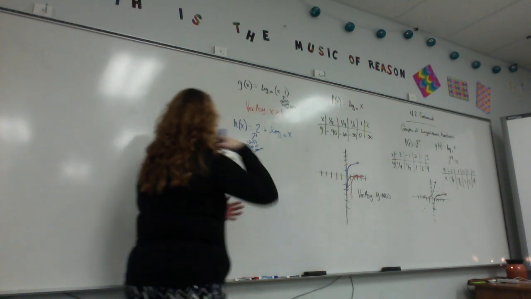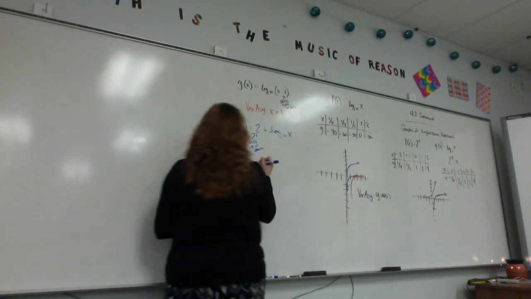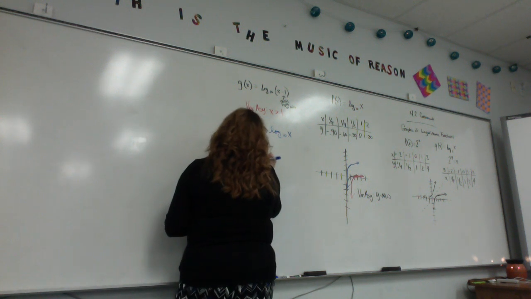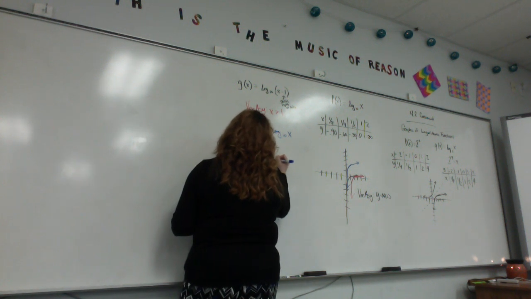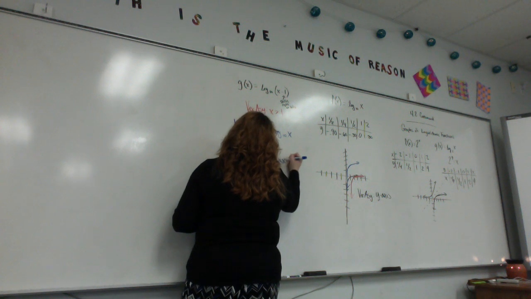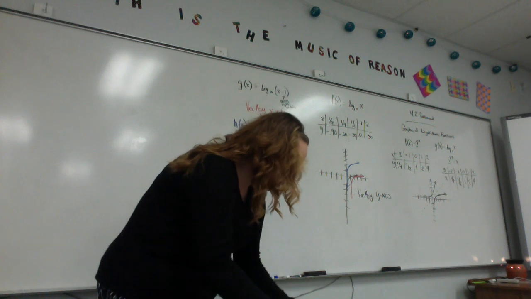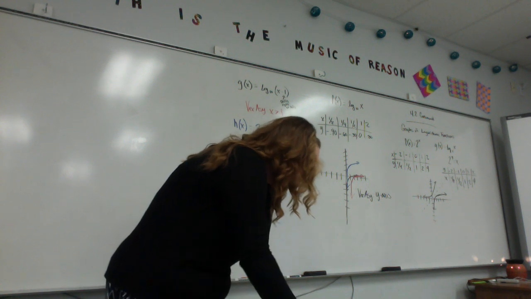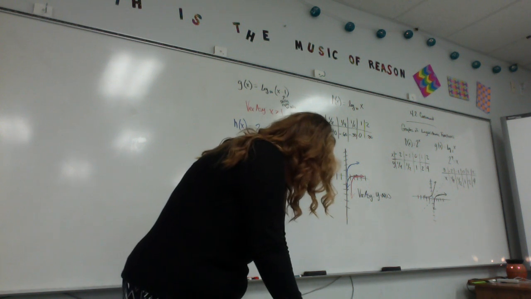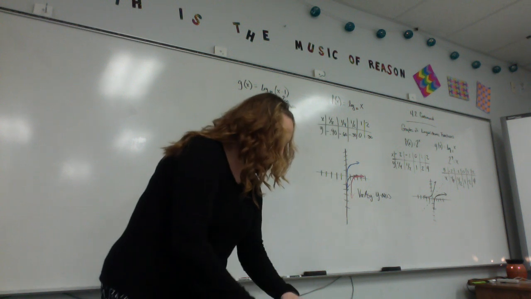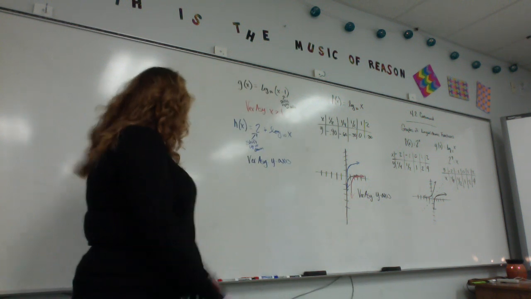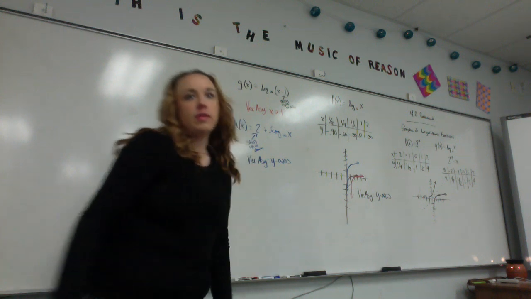It's not going to cross over the y-axis. So those are what tell what's happening in my graph, what shifts are going on. And that's what we're going to work on today. And then tomorrow we're going to move into natural log, and we'll do graphing with that and calculator work with that.